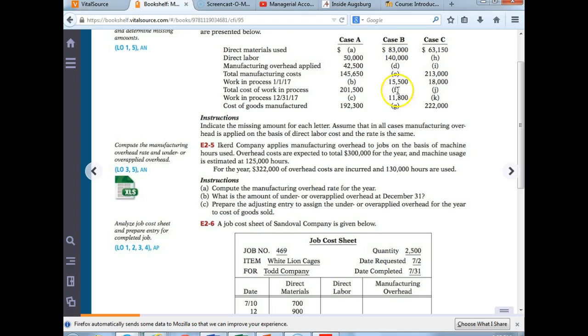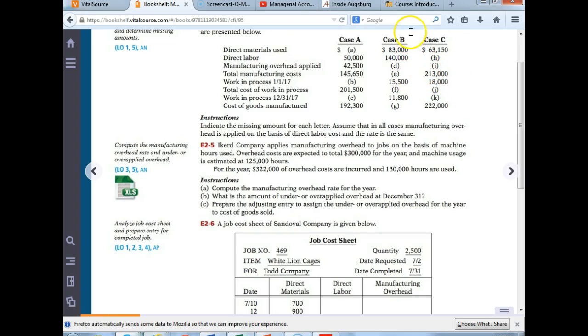357.5 minus our work in process as of the end of the year will equal our cost of goods manufactured, which is 345.7. Now they're making it a little more interesting in case C. We know our total manufacturing overhead of 213.